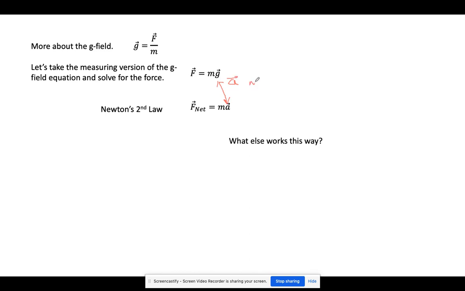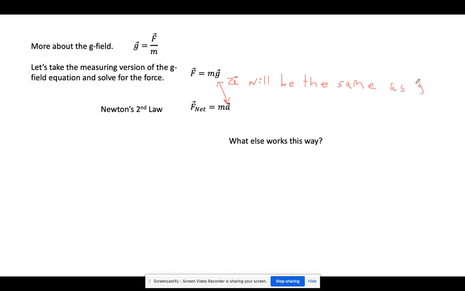The acceleration of an object, a, will be the same as g.